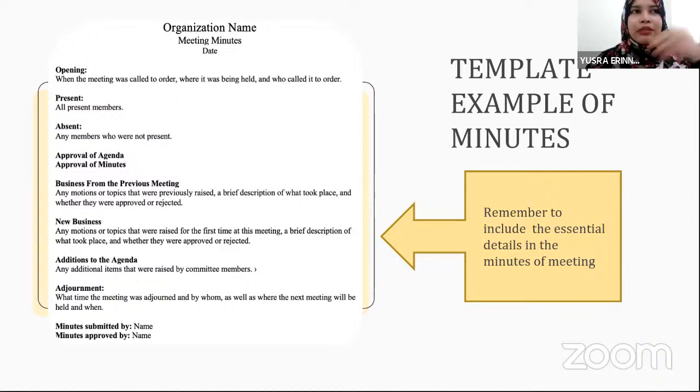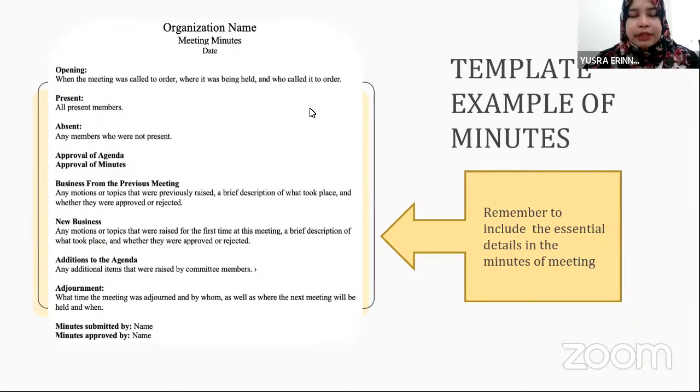For example, if my department, the English language department, is having a meeting, and we are calling our colleagues from Gombak to attend the meeting as well, we can say that our present members are also attending, for example Director Sahabat from Gombak.